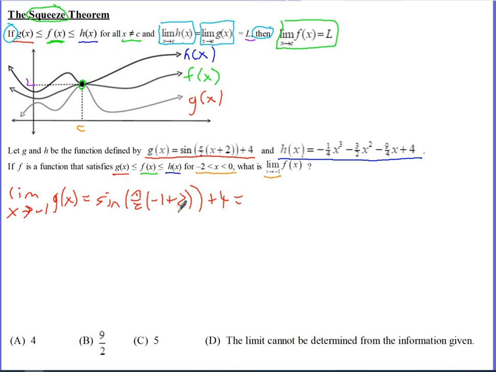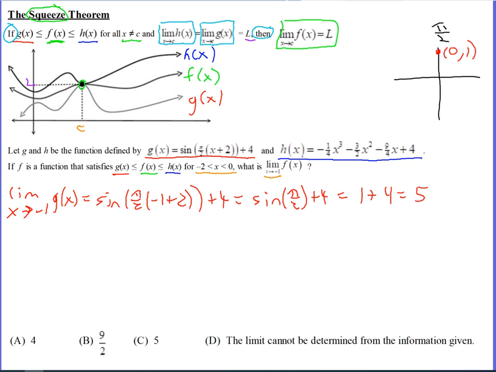And notice that becomes negative 1 plus 2 is 1, times pi over 2, so it becomes sine of pi over 2 plus 4. And sine of pi over 2, if we draw that over here real quick, pi over 2 is right at the top. Sine, remember, is the y-coordinate, so sine of pi over 2 is 1. So that becomes 1 plus 4 gives you 5.